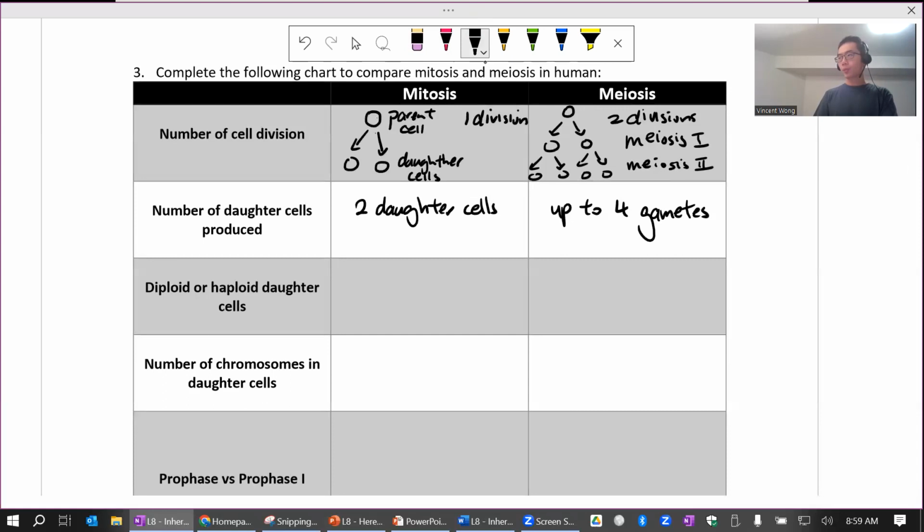For mitosis. Okay, so for mitosis, we are making exact copies. So they are actually 2 sets. Okay, diploid. Whereas for meiosis, they are going to be haploid, just 1 set.